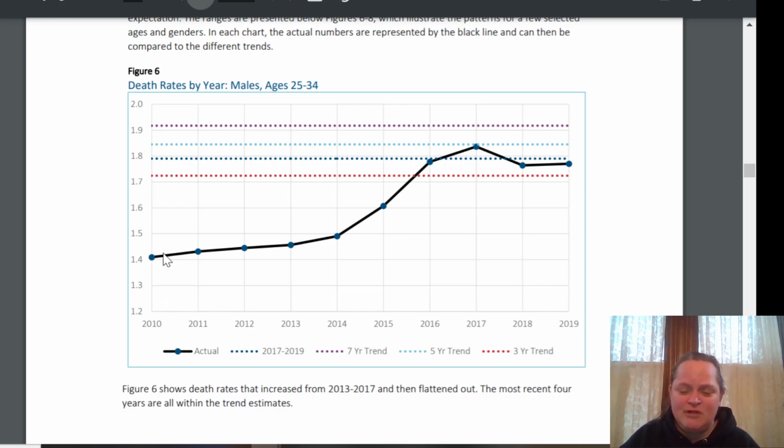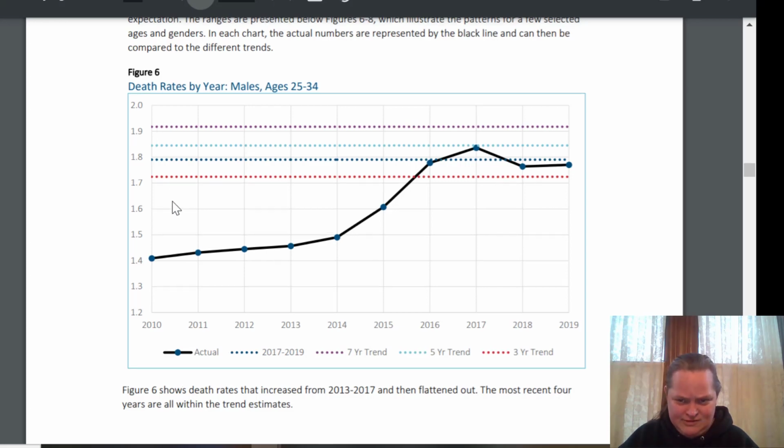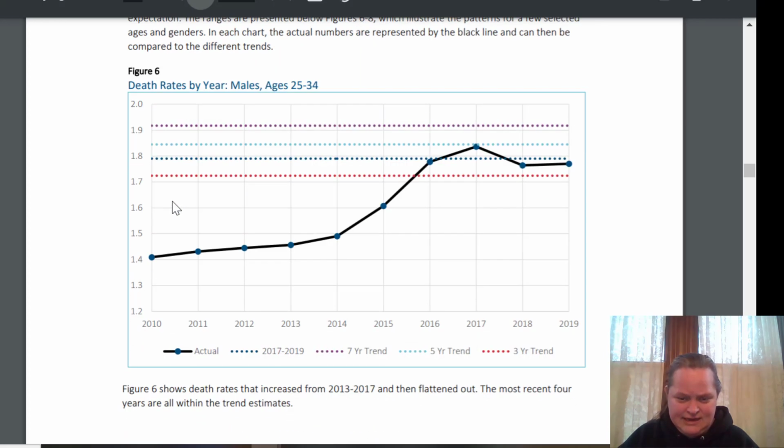Here, in the black, is death rate for males aged 25 to 34 going from 2010 to 2019, and these are the actuals. And you can see what happened, and I want you to look at what this range is. It's 1.2 to 2.0, and I believe if this is the same base as we usually do, this is per 1,000, and it doesn't say.